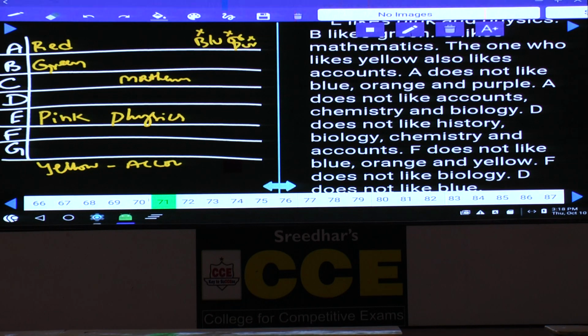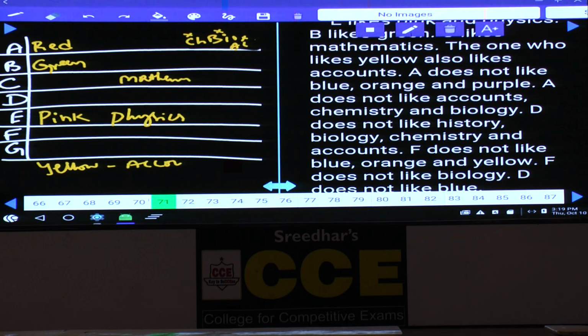Next, the subjects: accounts, chemistry and biology. Accounts is ruled out, chemistry and biology are also ruled out, and apart from this, mathematics and physics were ruled out. Hence 5 subjects were ruled out, and we are left with 2 more subjects. What are those? Either history or economics.